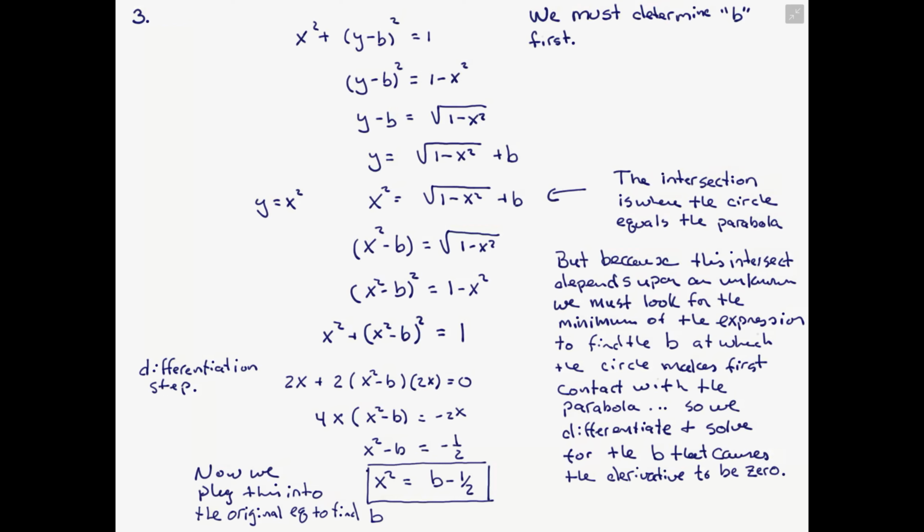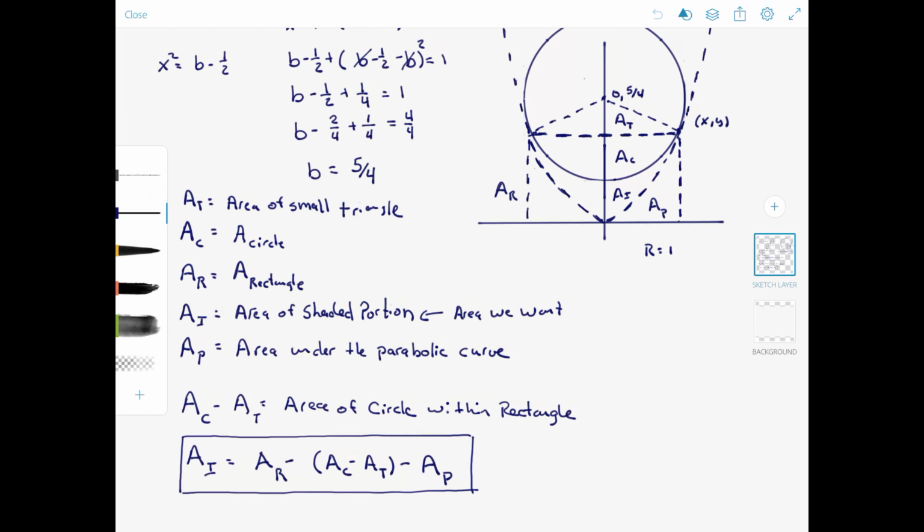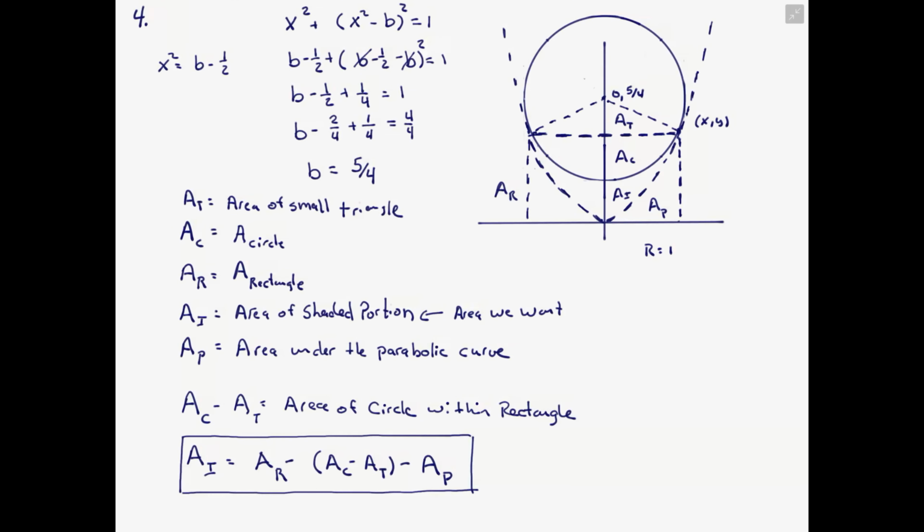And once we have x, then we can solve for y. And so here I carry out some of the algebra, and we find that b is equal to 5/4, and that's that portion where I'm encompassing it by a rectangle.